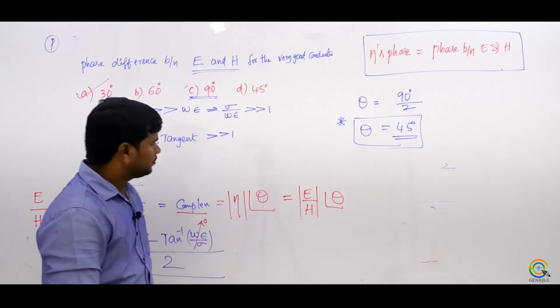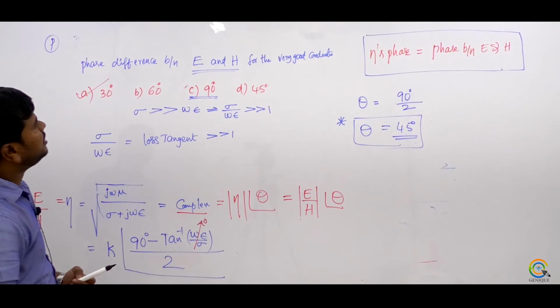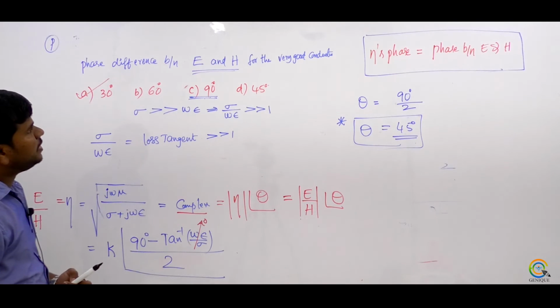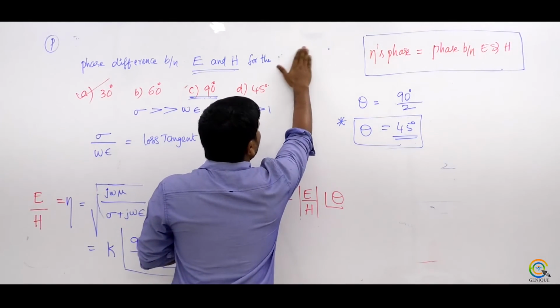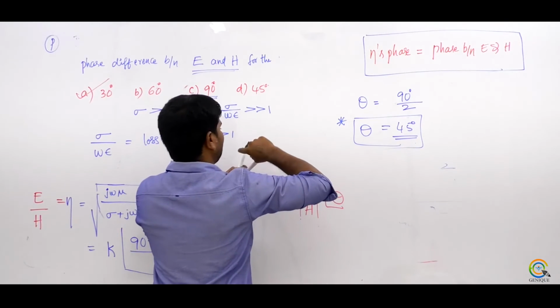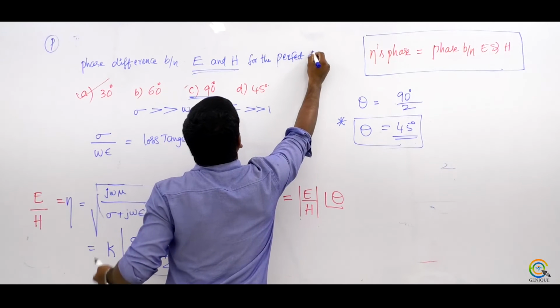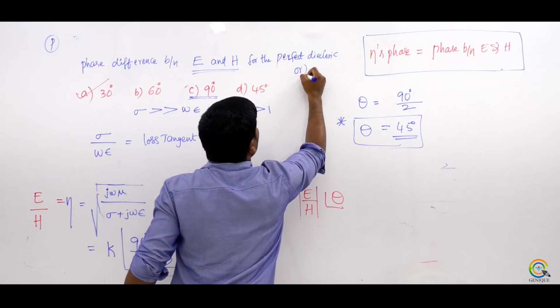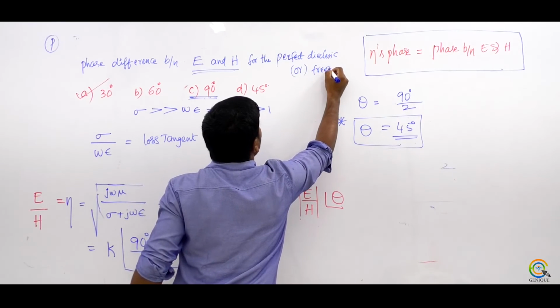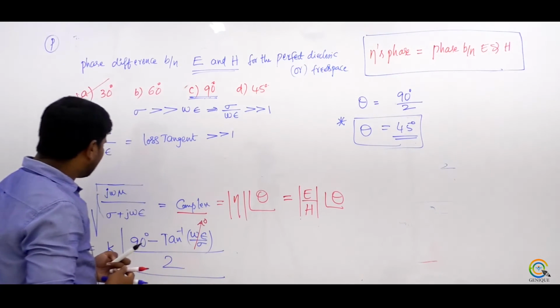Now, suppose in the given question, find the phase difference between E and H for the perfect dielectric or free space.